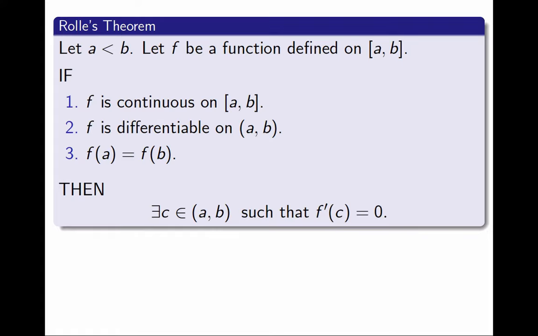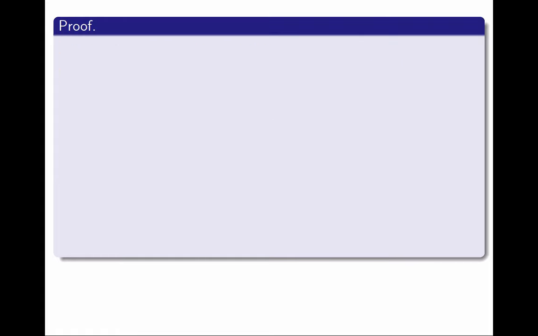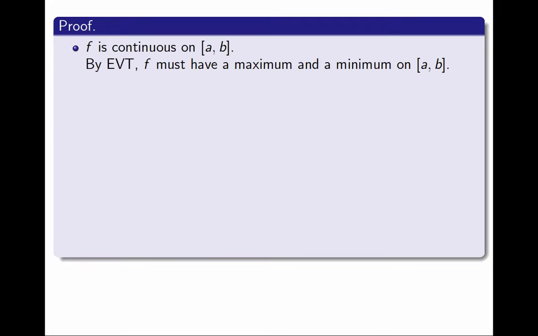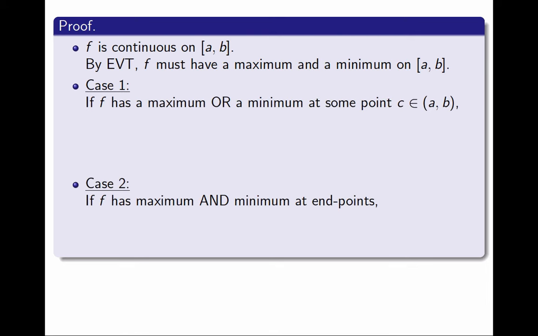Okay, after all that discussion, I still need to write a proper proof. It will be relatively short. Here it is. First, f is continuous on [a, b], including the endpoints. This means I can use the extreme value theorem, and f must have a maximum and a minimum. Now, I will consider two cases. Either at least one of them, the maximum or the minimum, occurs at an interior point, or both of them occur at endpoints.